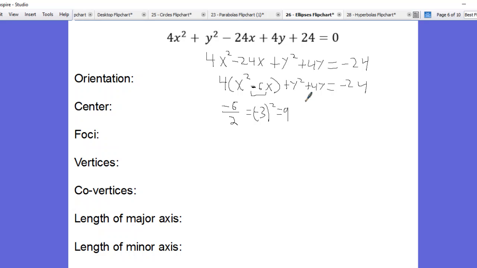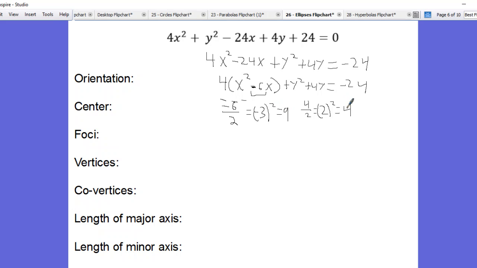Then I take 4 divided by 2, which is equal to 2. 2 squared is 4. So I'm not even doing anything in this step. I'm doing a separate calculation almost off to the side.